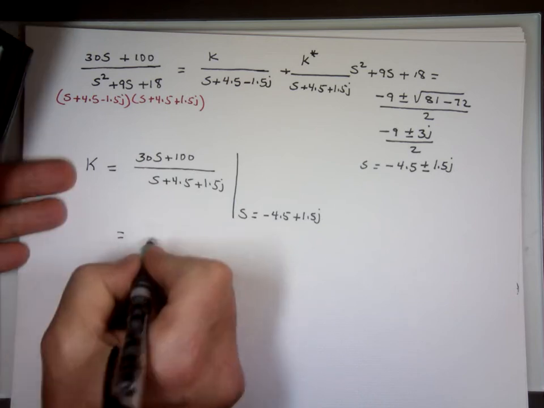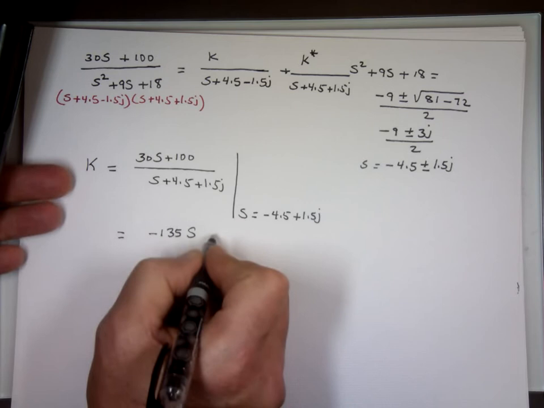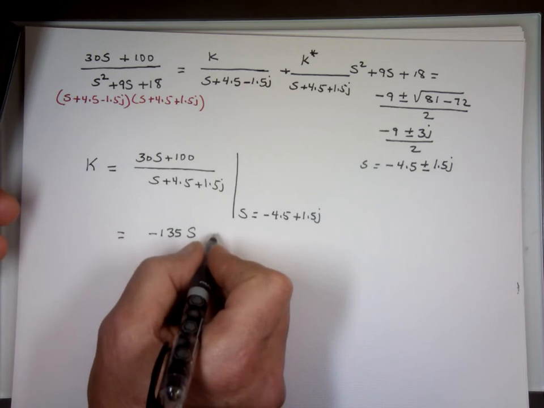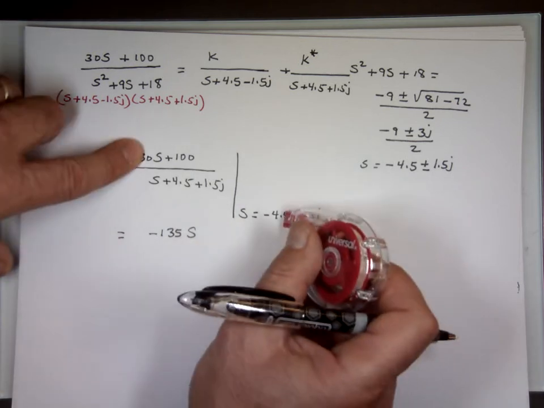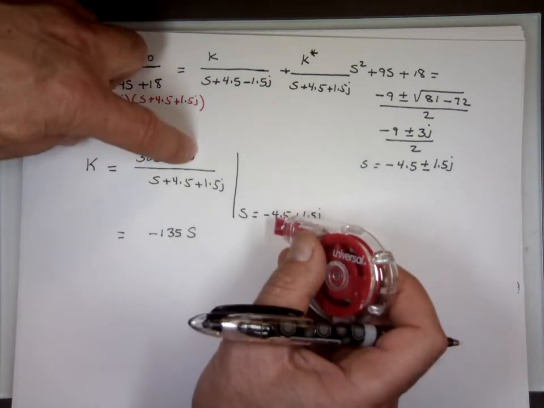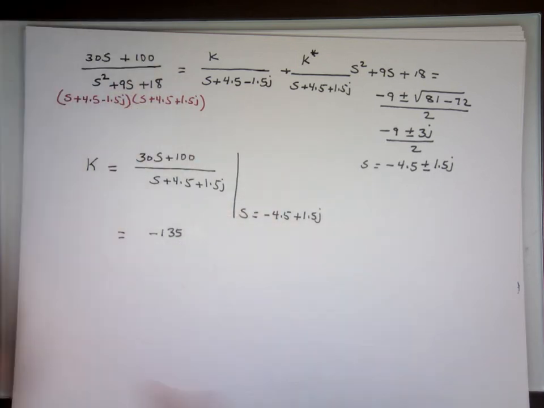Negative 135. There's no s here. I'm replacing s with that number. Then I got to add 100 to it. I'll leave it like this. I'll do it in 2 steps. What's 30 times 1.5?